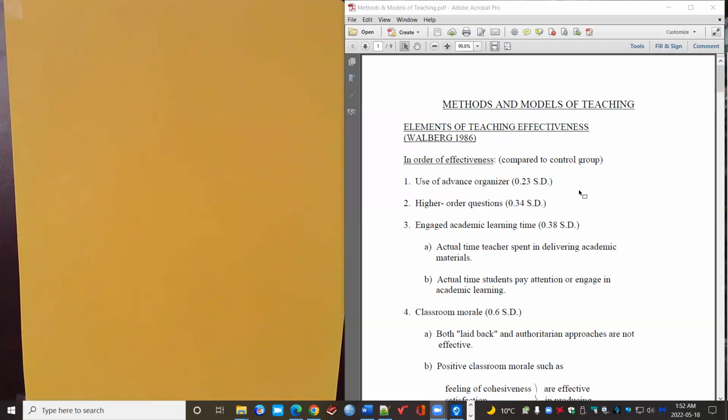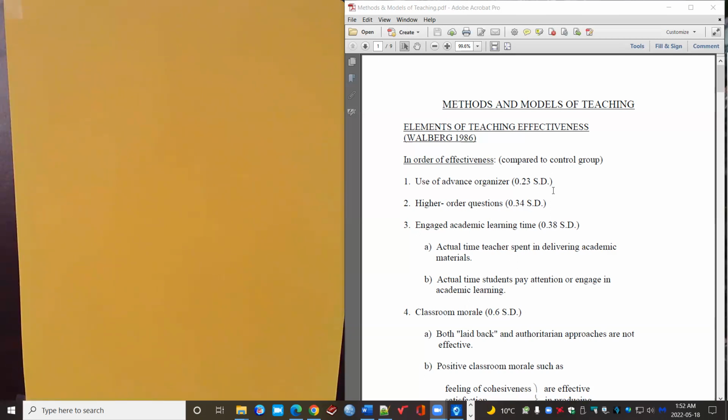All right, good. So let's take a look here. Use of advanced organizers. Okay, that's 0.23 standard deviation better than the control group. Here 0.34 standard deviation better than the control group, and so on. Okay, all these are positive numbers.